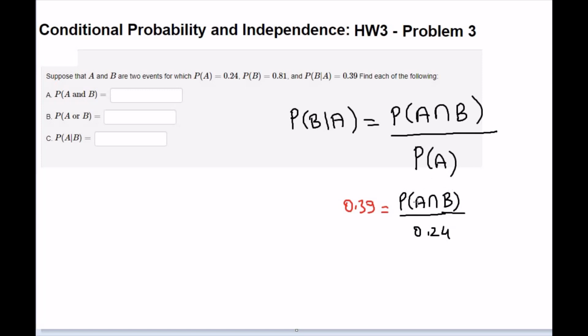If you solve for this unknown in this equation, it's going to be cross multiplication. So 0.24 times 0.39 is the answer.